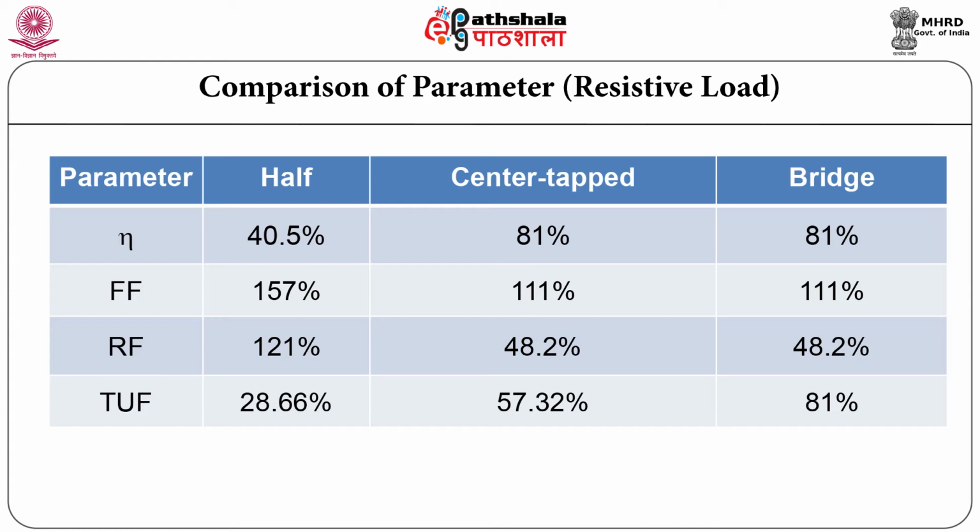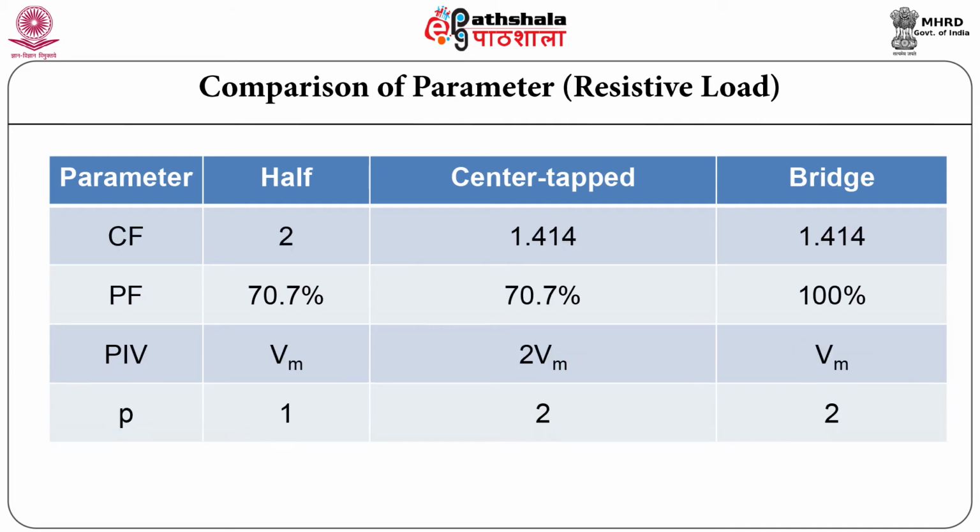Because transformer utilization factor is 81%, which is the maximum among these three, and it decides the size of the transformer. So, therefore, it decides the cost of the rectifier. Crest factor, power factor, peak inverse voltage and pulse number are shown in this table. These things are only analyzed for purely resistive load.